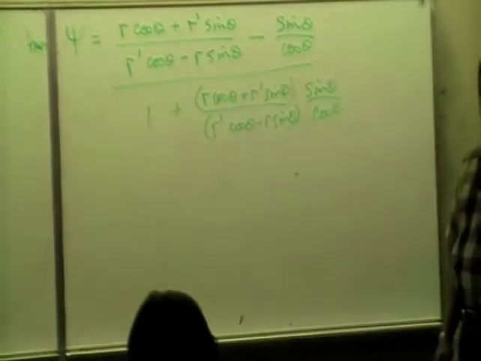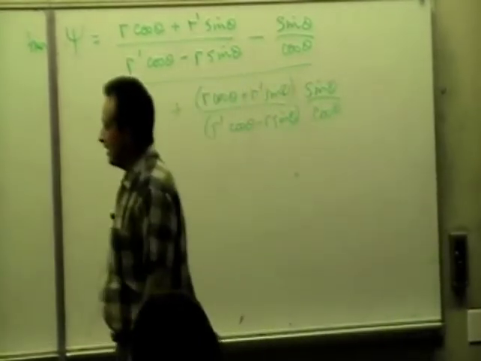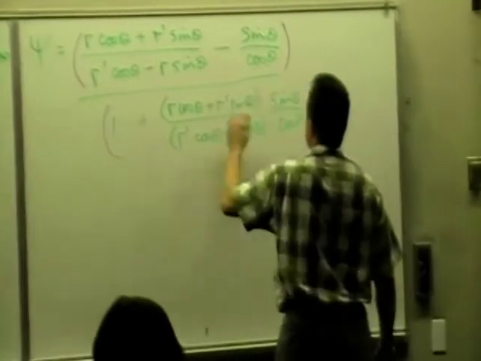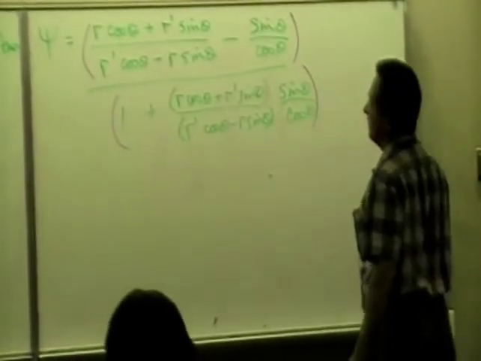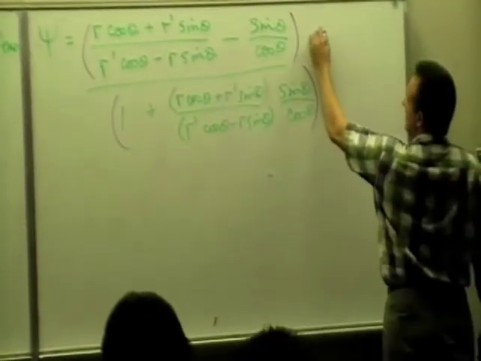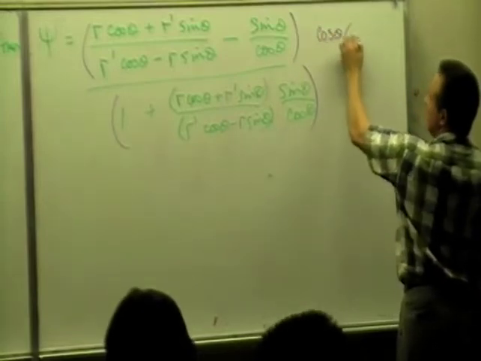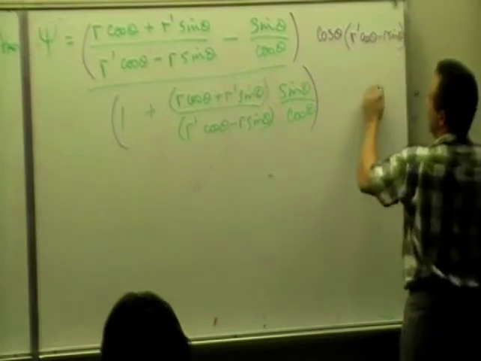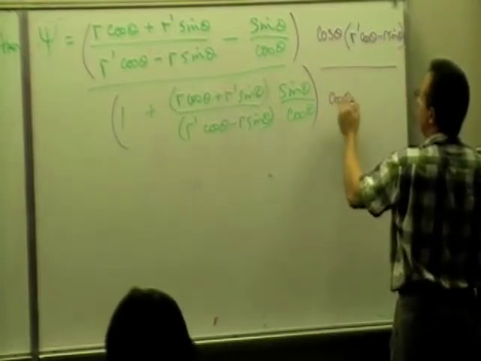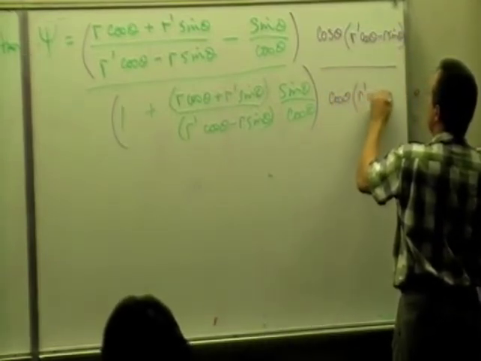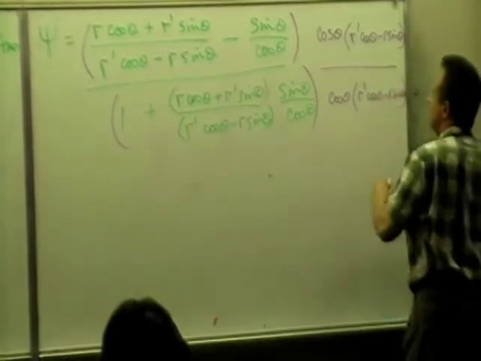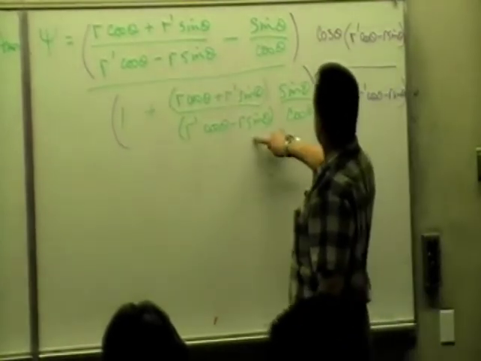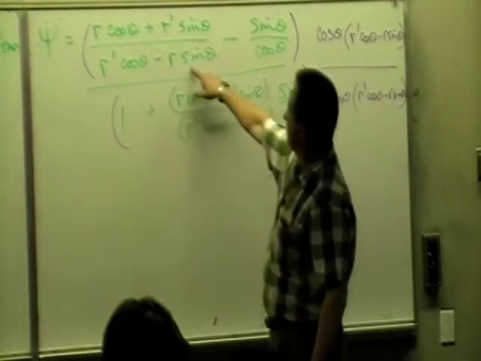And now I have to simplify. Well, I look at this and I see there's a common denominator here, folks. What if I multiply this quantity and this quantity by the common denominator? The common denominator is going to be cosine theta times r prime cosine theta minus r sine theta, over cosine theta times r prime cosine theta minus r sine theta. Right? Isn't that the common denominator? Boom. That quantity is the same as this quantity.